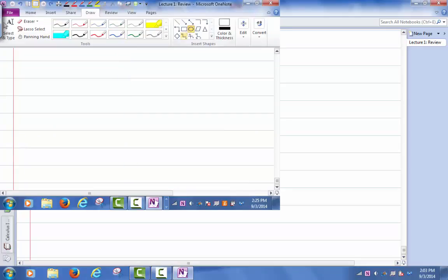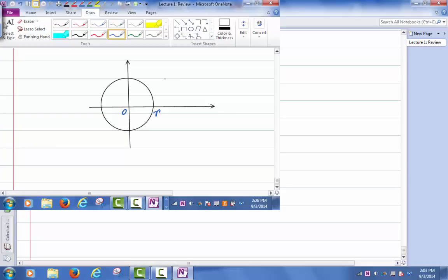I'm just going to make a circle first, and then I'm going to make my axis. Better. Okay, so let's say this is the origin, the radius of the circle is r. So I want to write down the equation of the circle of radius r centered at the origin.